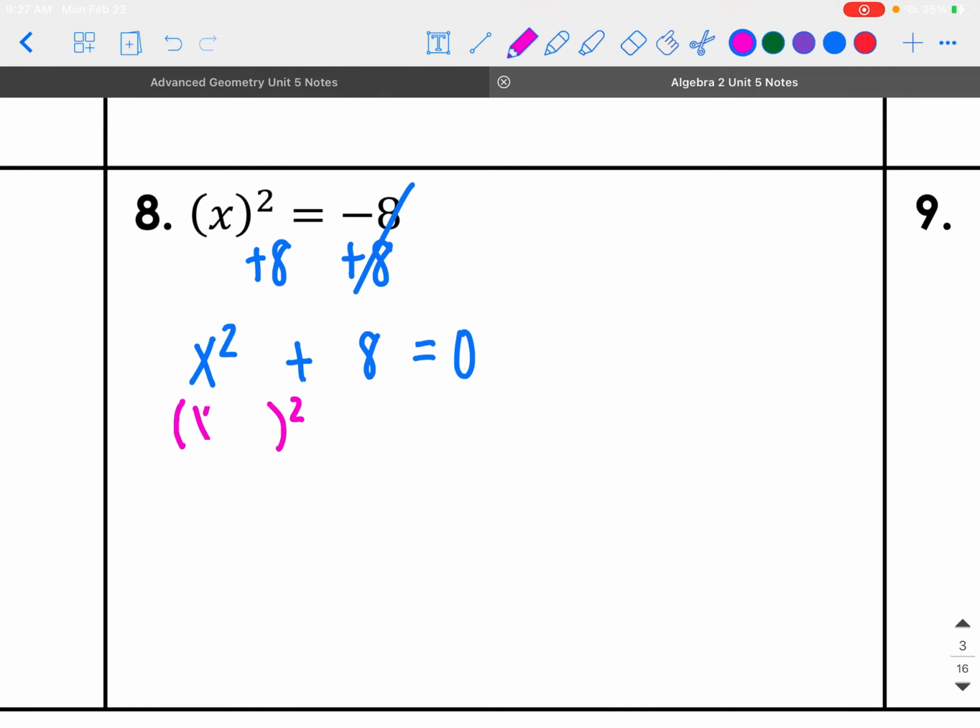So it's really like x plus 0 squared. So if you just see x squared, that's x plus 0 squared. So the vertex would be 0, 8. The axis of symmetry, x equals 0. So there wasn't anything added in the parentheses, so we use a 0.